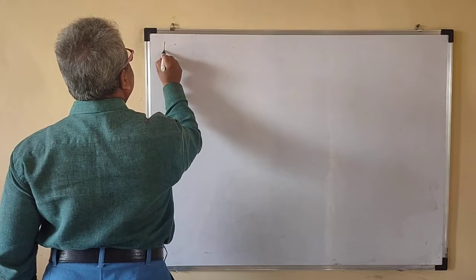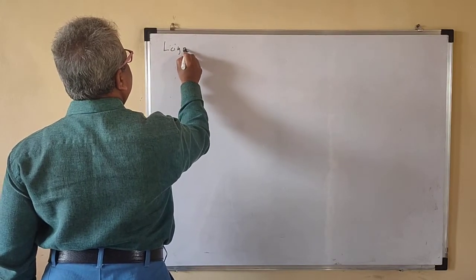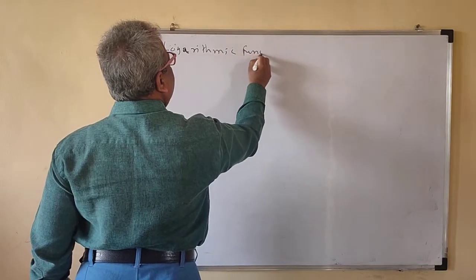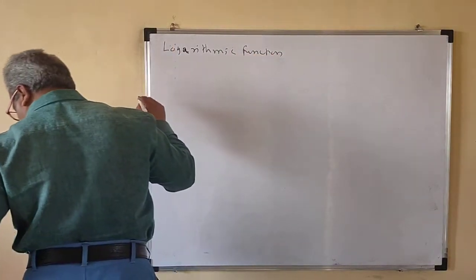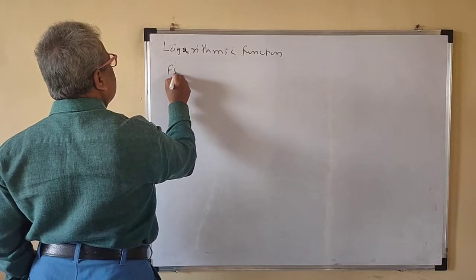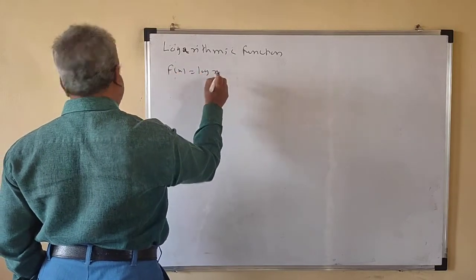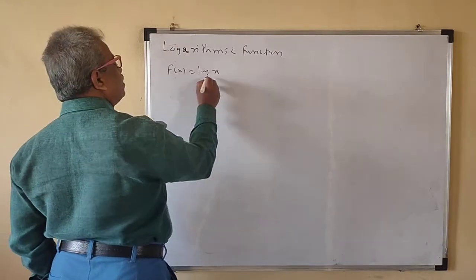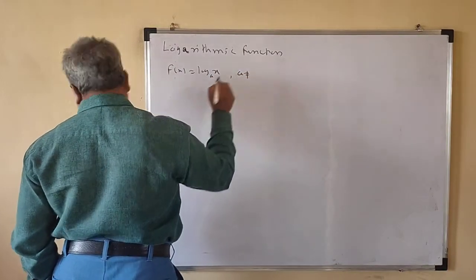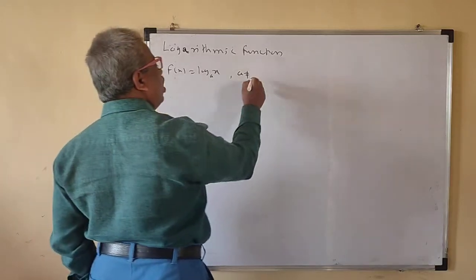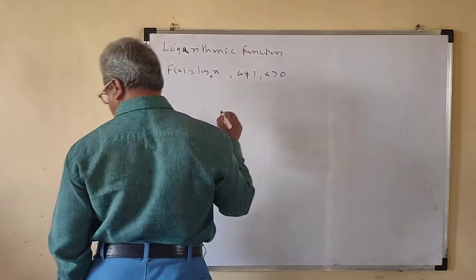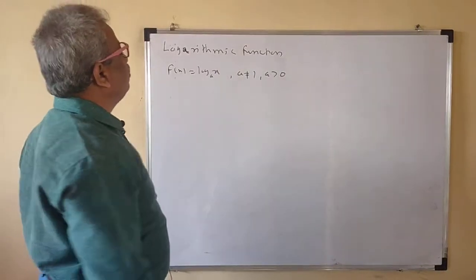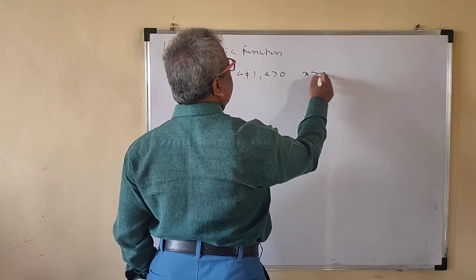Then logarithmic function. A function f of x is equal to log of x to the base a, where a is not equal to 1 and a is positive. x is also greater than 0.